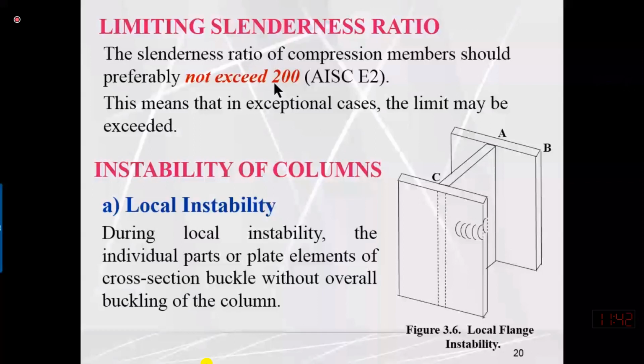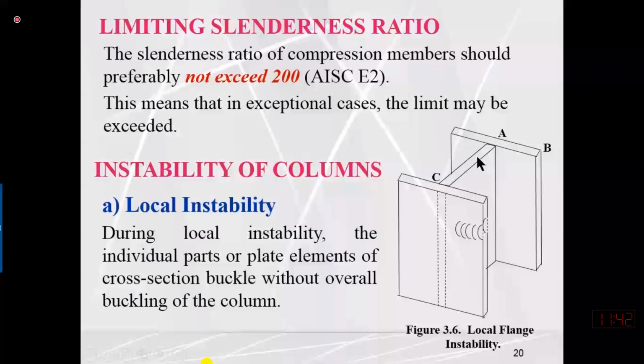Maybe a local or very small portion within the web or flange buckles or bends due to applied forces before the member bends as a whole, which is referred to as local instability. Before explaining local instability, let me explain the types of elements in any section. You can see that here we have this W section.